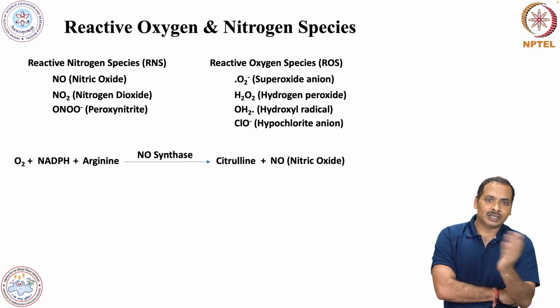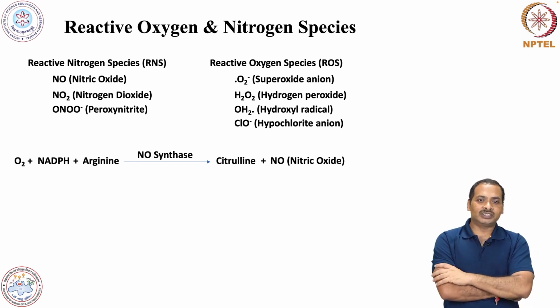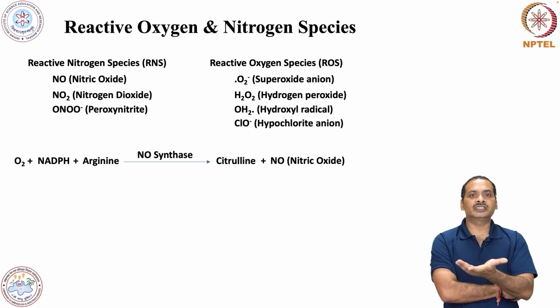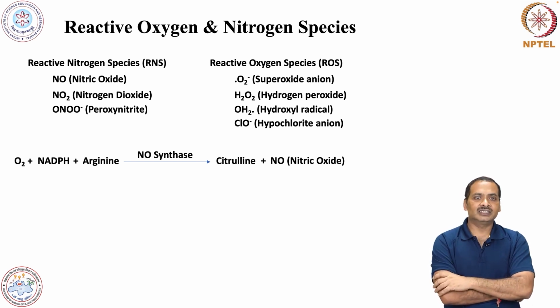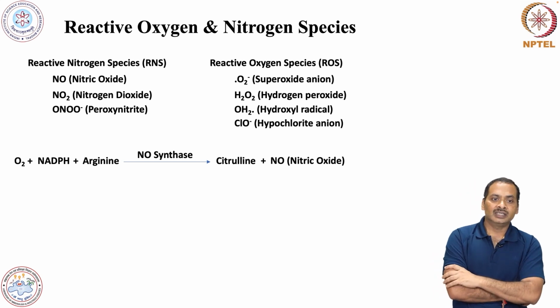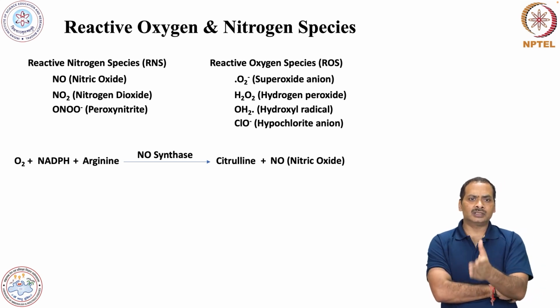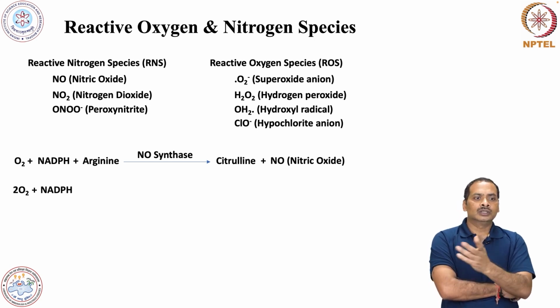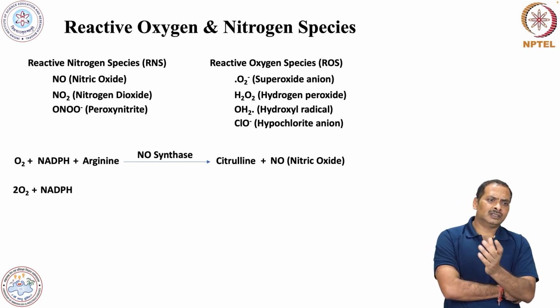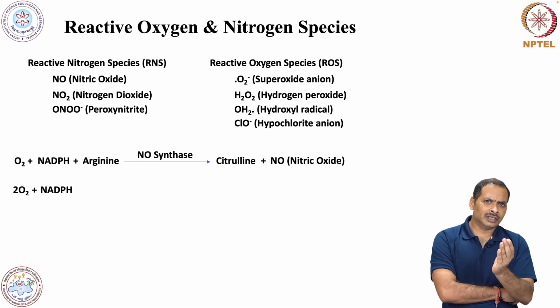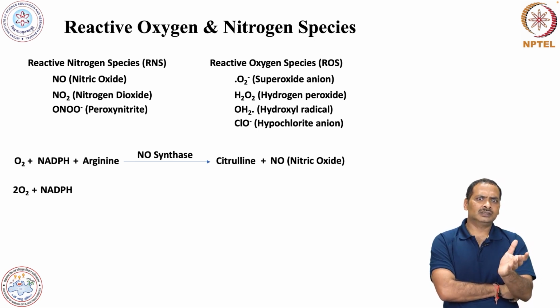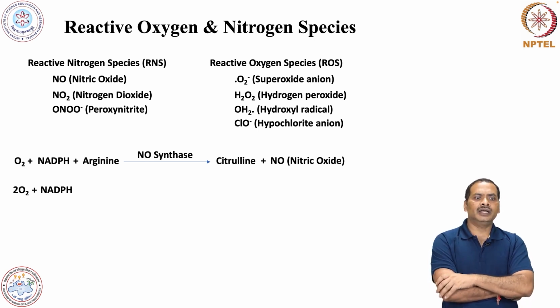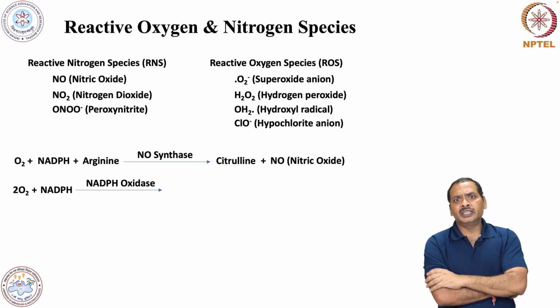Now let us come back to the immunity part. So this nitric oxide is also reacting with various free radicals, and then this generates nitrogen dioxide and peroxynitrite. Let us see how the other reactive oxygen species are generated inside the cell. Basically NADPH reacts with oxygen in phagolysosomes, in the presence of NADPH oxidase.